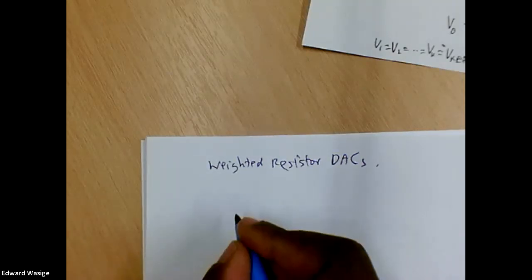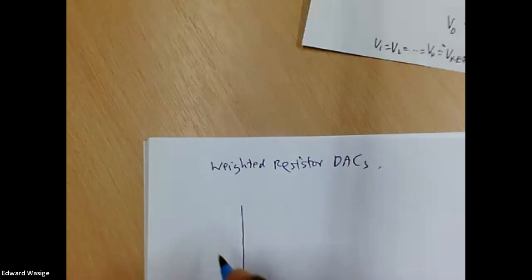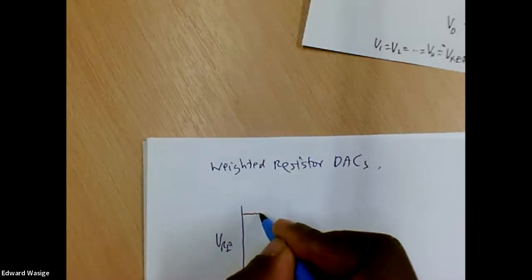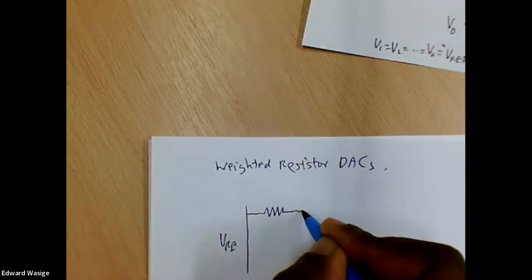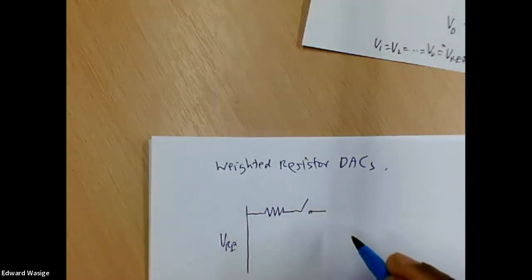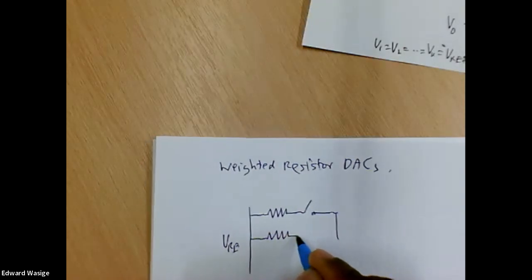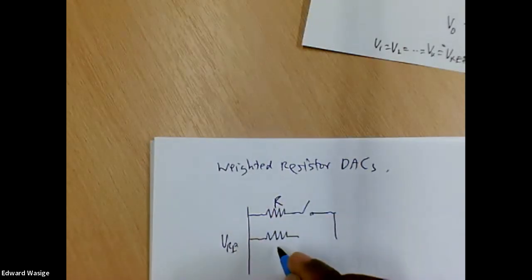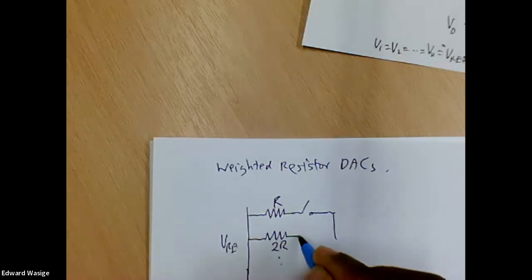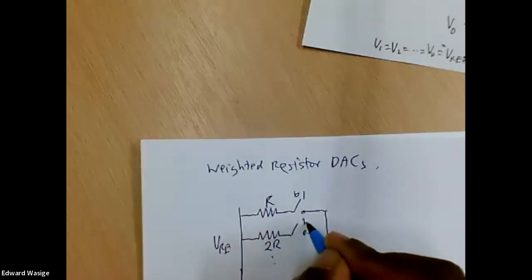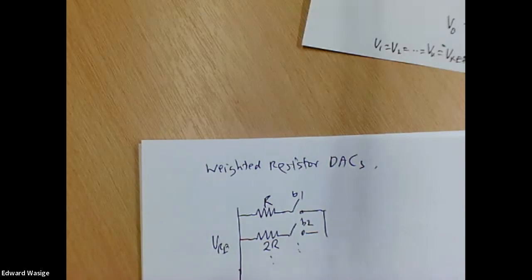So if this is VREF and this is R1, and this goes into a switch. If this is R, this one I can make twice R, and this one goes into a switch. The switch is controlled by B1. This one is controlled by B2.